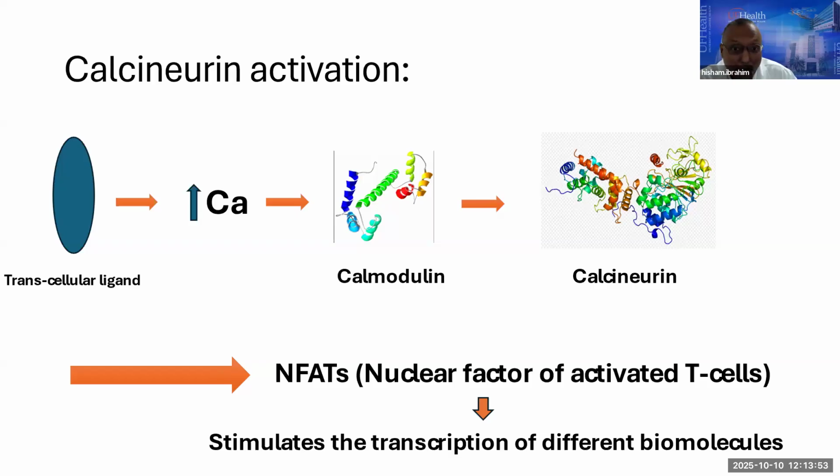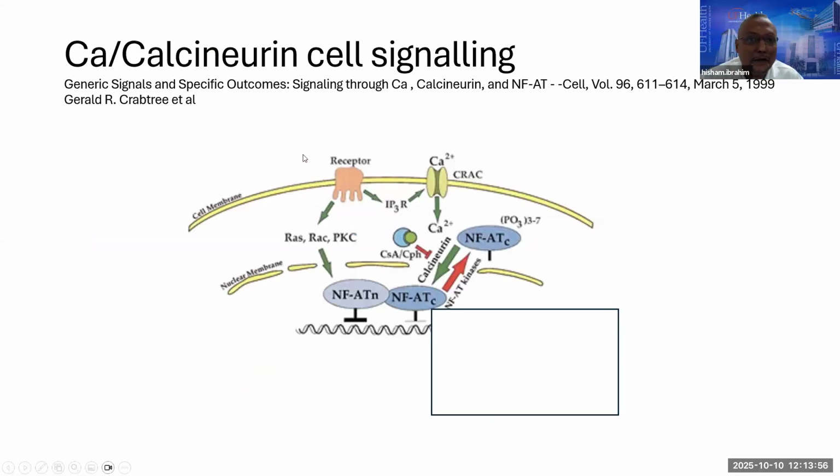Here's another depiction of the same process. You have a receptor, and something binds to the receptor. For example, angiotensin 2 stimulates ventricular hypertrophy also through this mechanism. It binds to the receptor, and then you have second messenger molecules that may get activated at the same time: RAS, RAC, PKC, and inositol triphosphate is also released.